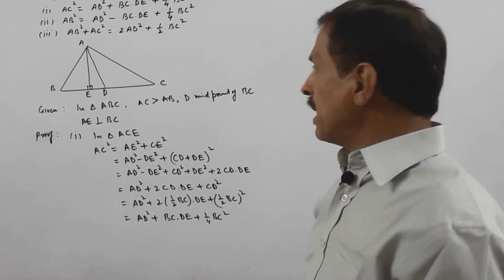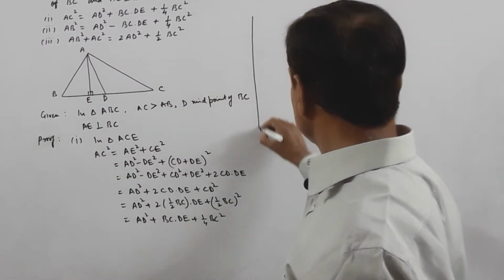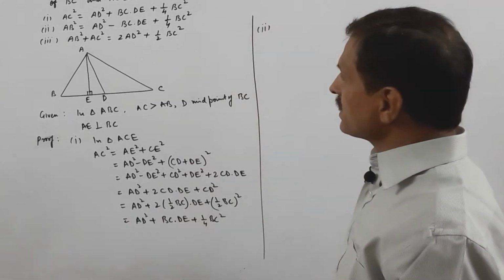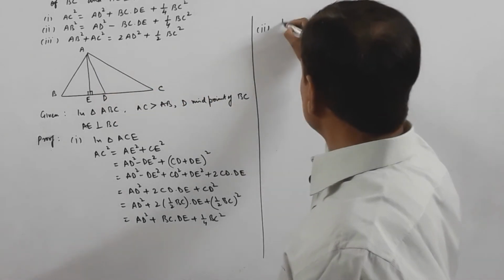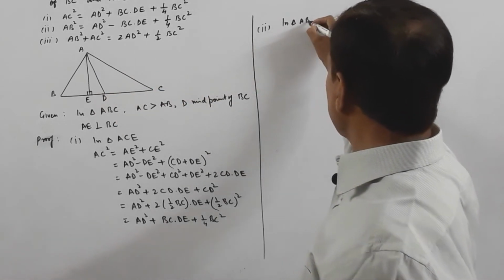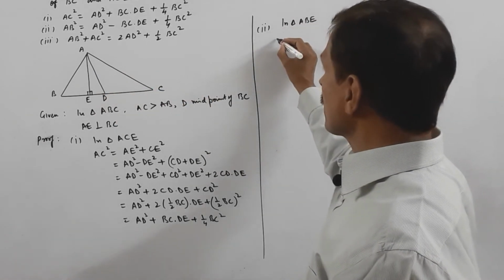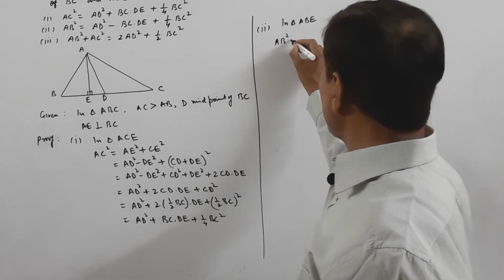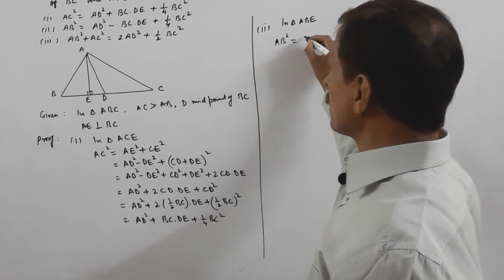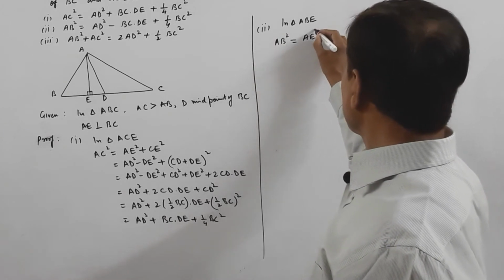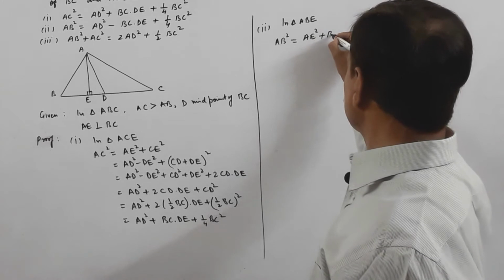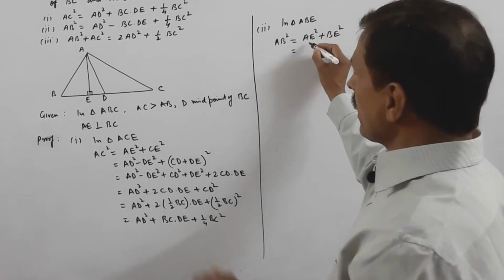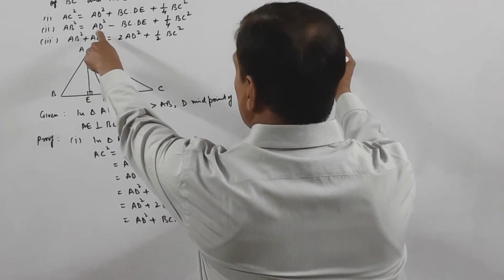To prove the second part, we consider triangle ABE. In triangle ABE, AB² is equal to AE² plus BE². Now we require AD² again.